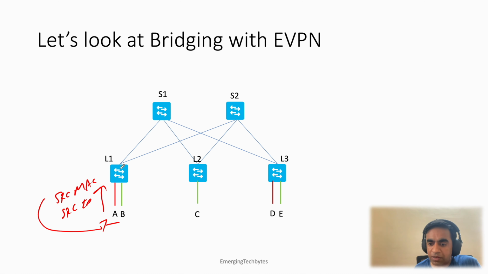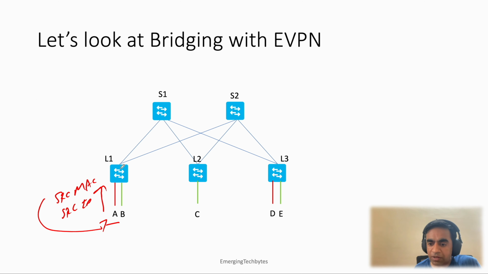Right. Now listen to me very carefully. What L1 will do, I am assuming that you have configured EVPN here, and we will see how to configure it in the upcoming session, but for now assume that you have configured EVPN here. L1 will send a BGP update to S1 and S2 that this MAC address is connected to VTEP L1, VNI 100.